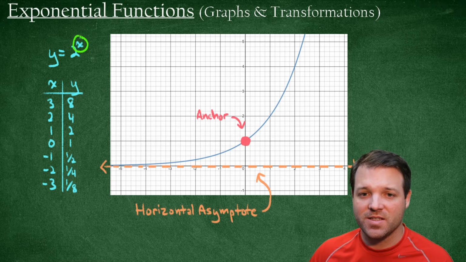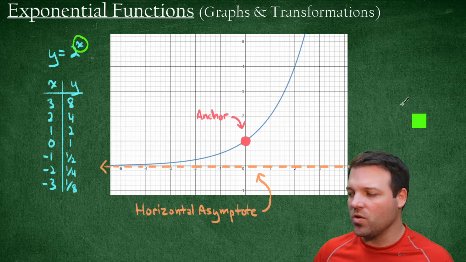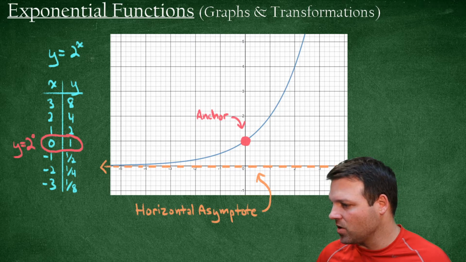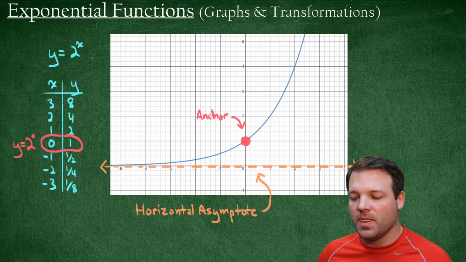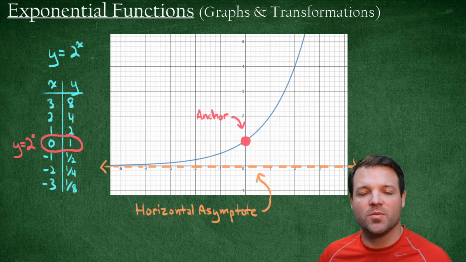Now in this case, this is a very simple function. It's just x in the exponent. So that means x equal to 0 is going to give us an exponent of 0. So right here, you can see as x is 0, that is going to give us an exponent of 0. In other words, 2 to the 0 power, which means that the y value is going to be 1 for this anchor point.